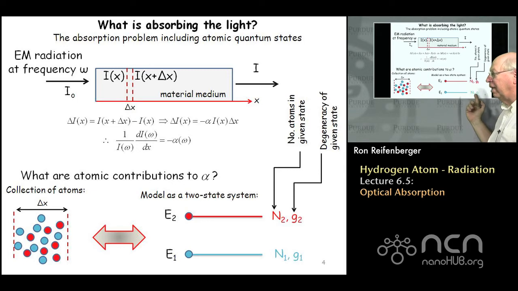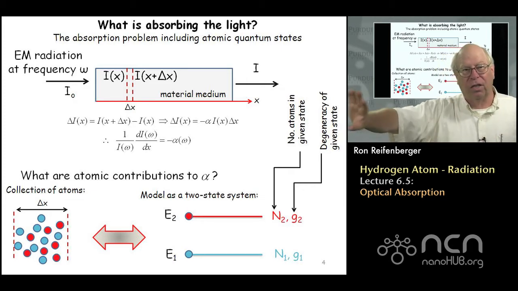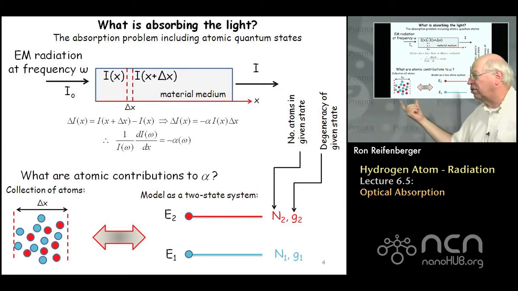This just tells you how many different sets of quantum numbers you need in order to have an energy level E1, and how many you need to have an energy level E2. And we're imagining that the material through which the light is passing is now a collection of gas atoms. In particular, we're going to focus on hydrogen atoms because that's what we know something about.